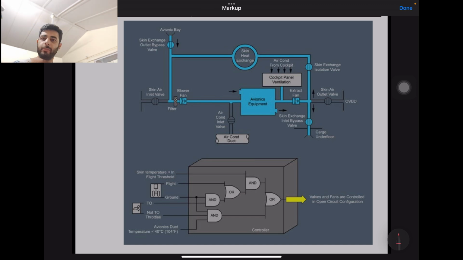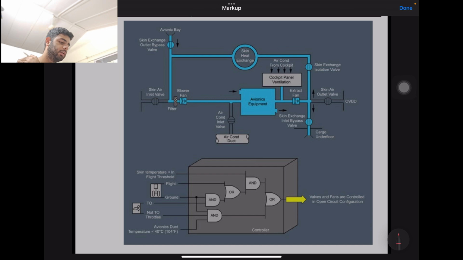When you're at 30,000 feet, the outside air is cool enough for you to dissipate all this excess heat and not keep on getting a loss of pressure because you're throwing air out of the aircraft. Because if you see in the open config, we had kept the skin air outlet valve fully open, and your skin air inlet valve was also fully open. So this point comes later on, it'll help you understand.